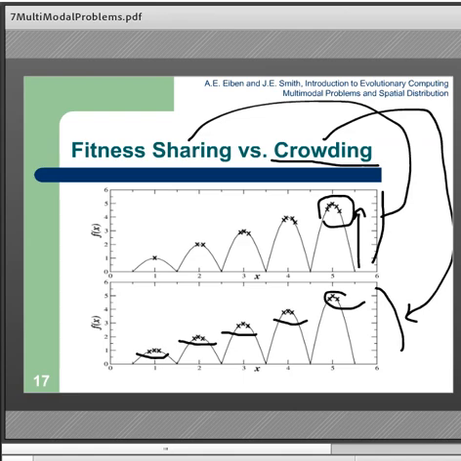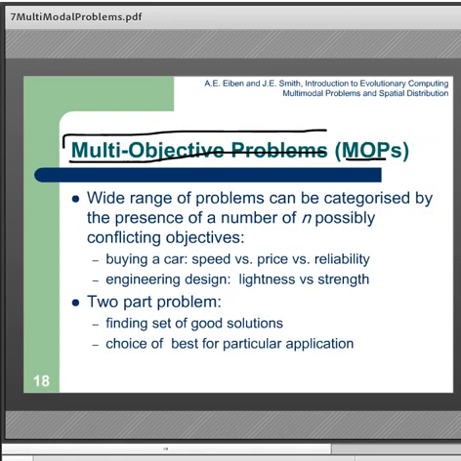Crowding is used when we do not know about the problem, but sharing is faster than crowding, and we use sharing when we know about the problem.